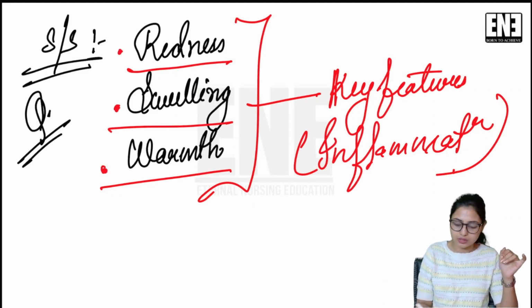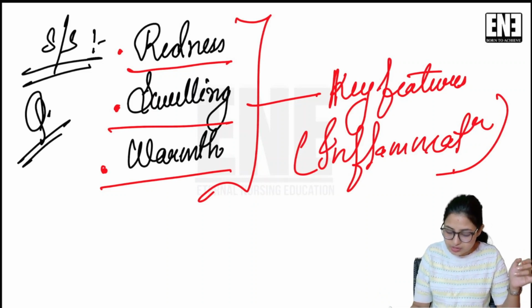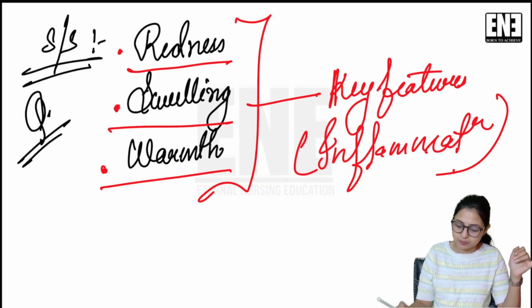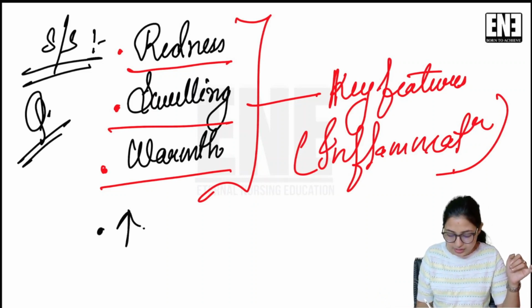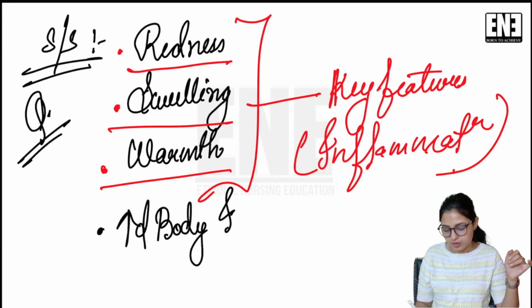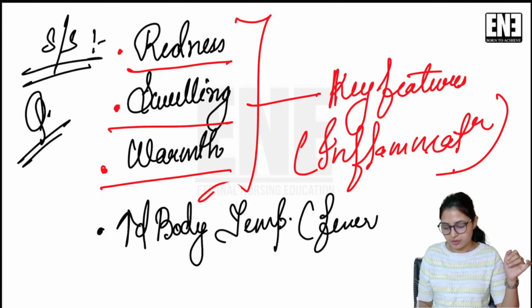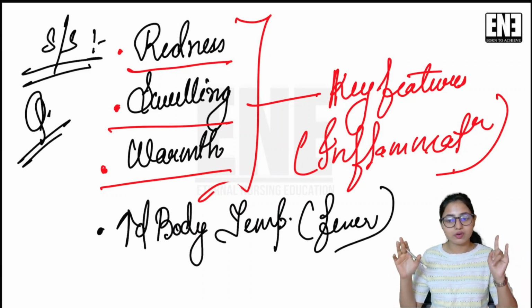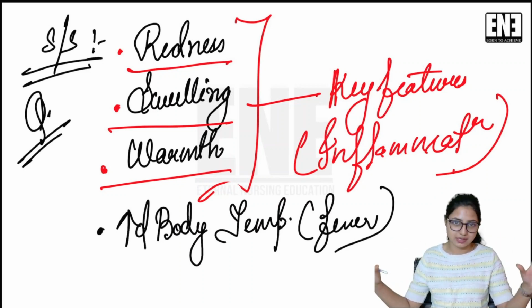What are some other features? Other features can be increased body temperature, which I just mentioned as warmth. Increased body temperature can also lead to fever. One thing you need to understand: fever is not a disease condition, it's just a sign.